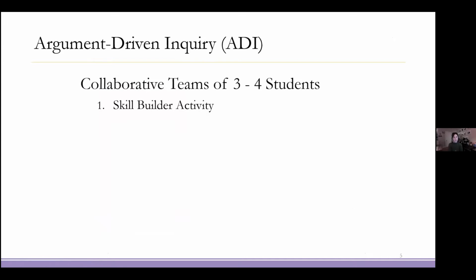During the first class period, they participate in a skill builder activity, developing the skills they'll need to continue the investigation, things like titration and how to read volumetric glassware, those psychomotor skills.